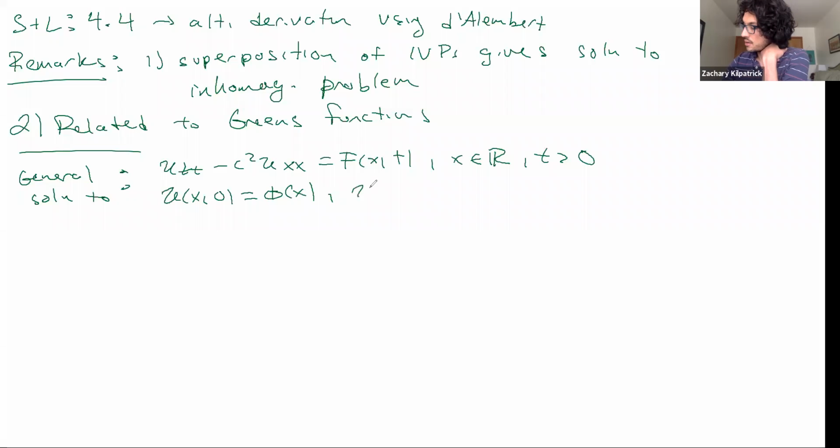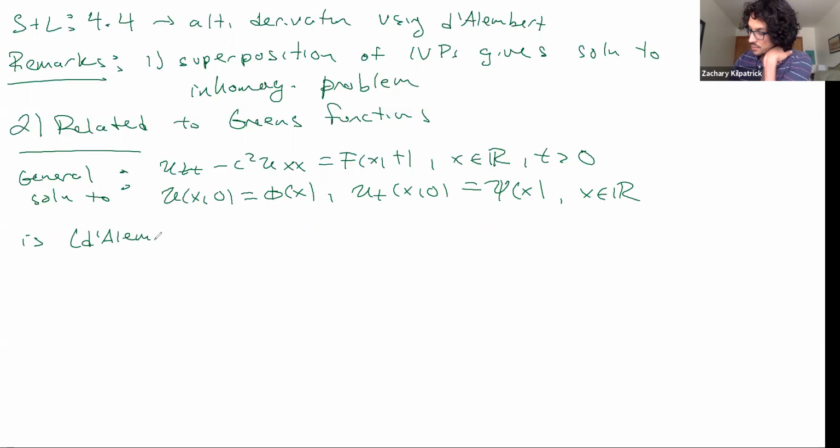So let's say I have now this IVP that should look similar, but now we have this inhomogeneity on the right-hand side. It's essentially just D'Alembert plus the homogeneous Duhamel principle. And what do I mean by that?